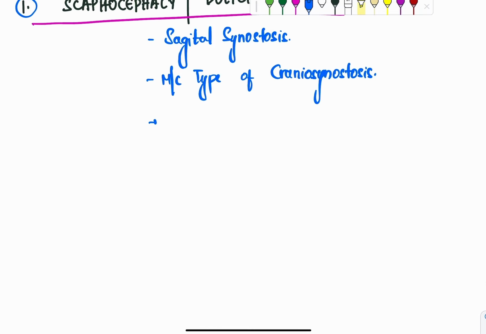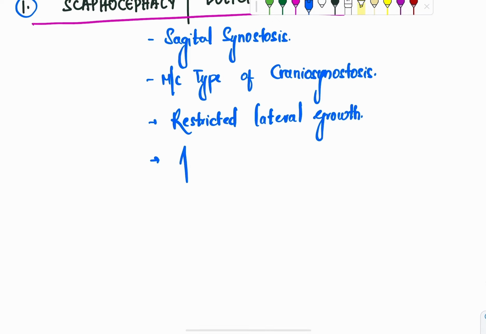Now there is restricted growth. Which growth, lateral or anteroposterior? Lateral growth is restricted. So when there is restricted lateral growth, the skull grows anteroposteriorly.